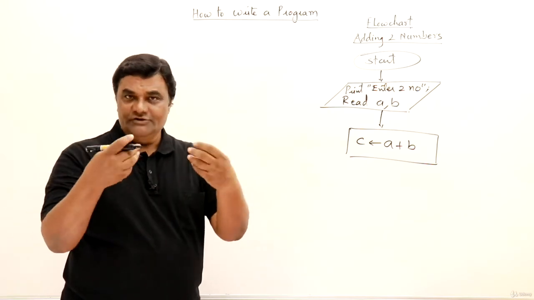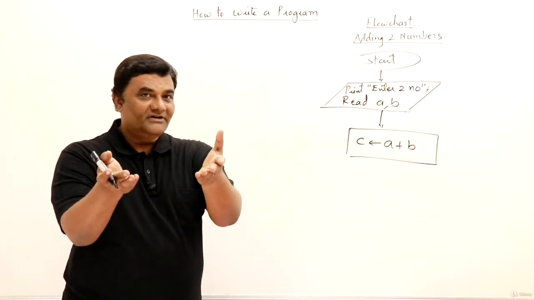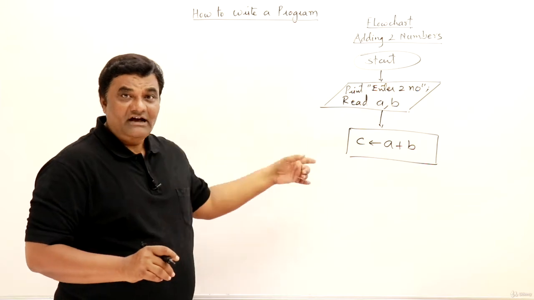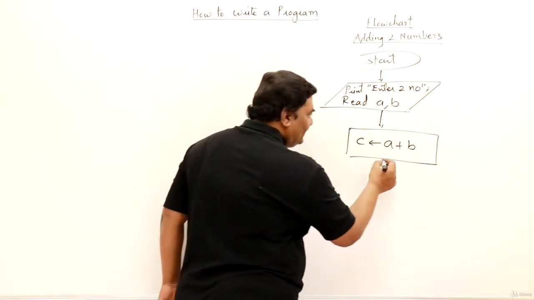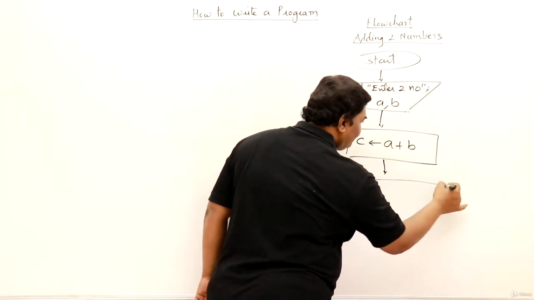I should give the result to you. Say that the sum of two numbers is so and so. So that is output. For output, again the parallelogram. So I will draw a parallelogram and give an output here.